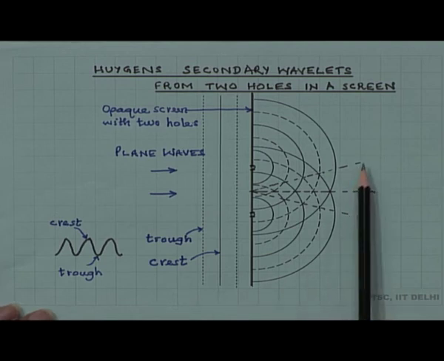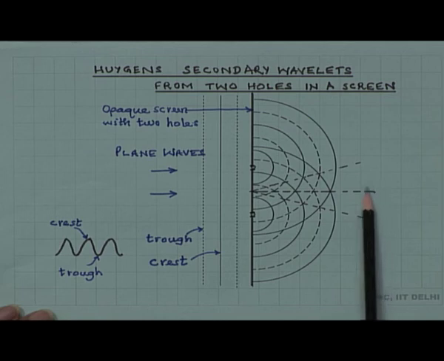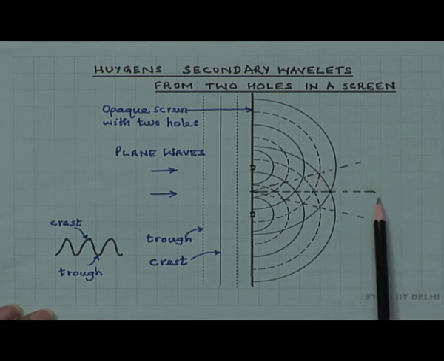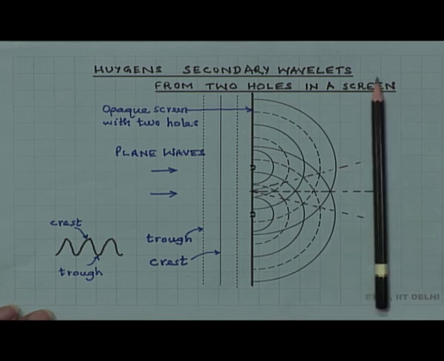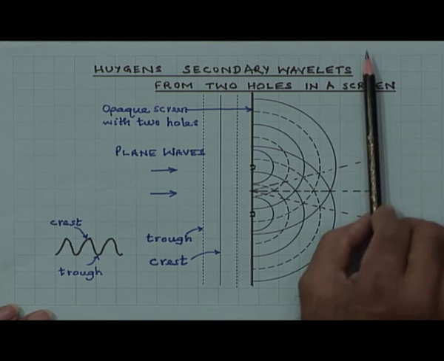Which means there must be directions where bright light is coming, that is, maxima coinciding, and minima and maxima coinciding, which means there would be no light. So, what is expected here is an intensity variation if we keep a screen here.